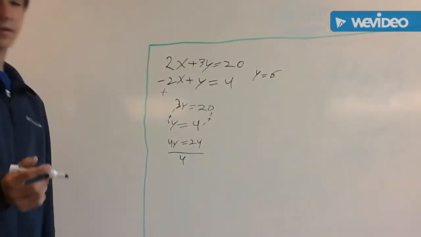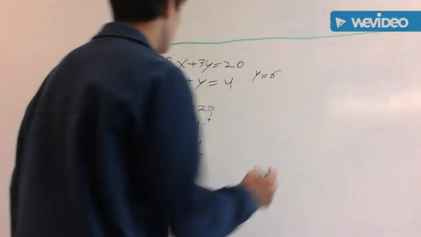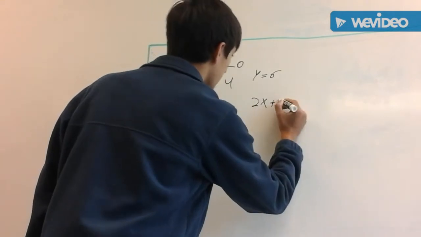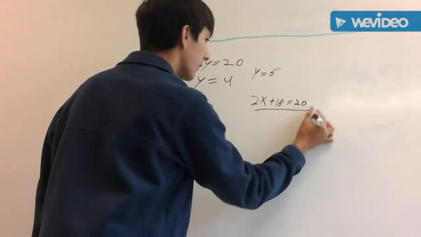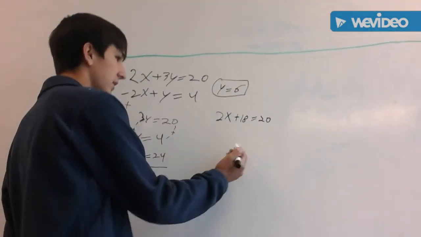Now we will substitute 6 for y into the top equation. So 2x plus 18 equals 20.